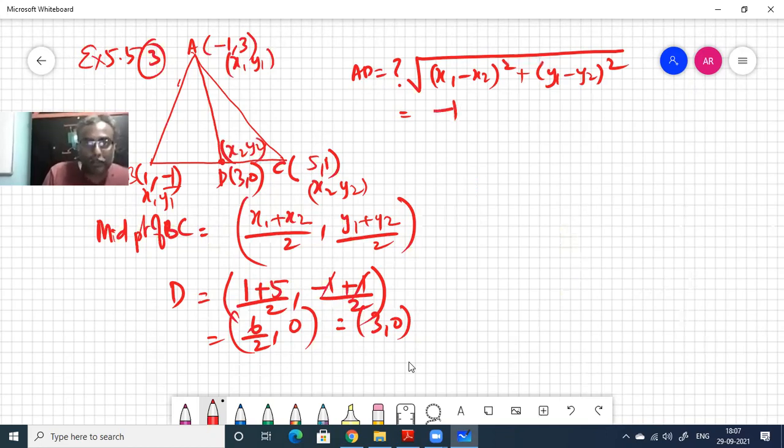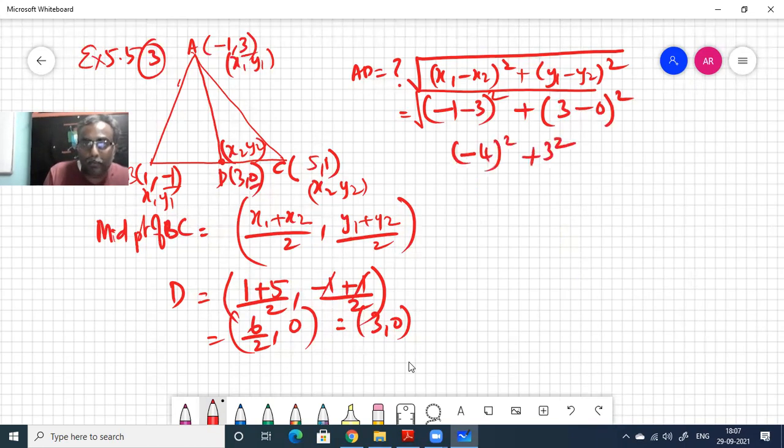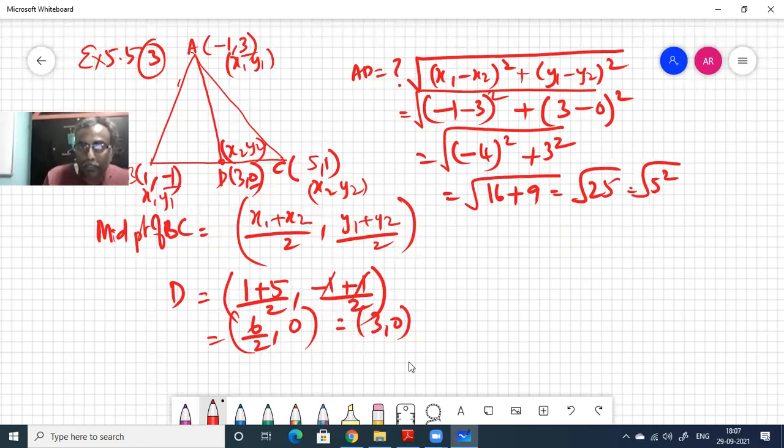Root of (minus 1 minus 3) the whole squared plus (y1 is 3, y2 is 0) 3 minus 0 the whole square. So root of (minus 4) squared plus 3 squared, that is equal to root of 16 plus 9, that is root of 25, that is root of 5 squared. So that is equal to 5. So AD is equal to 5.